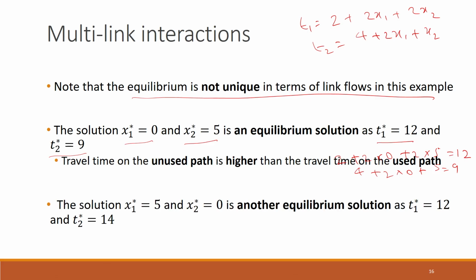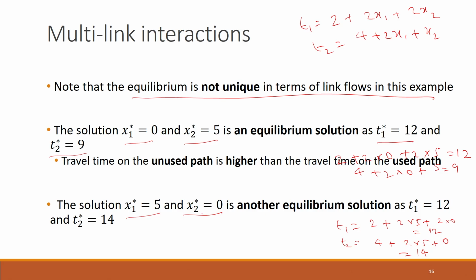Another equilibrium solution here is that suppose all the flow takes place through the first link and there is zero flow on the second link. Again, it can be shown that this is an equilibrium solution. When you do that, the travel time on the first link is 2 plus 2 times 5 plus 2 times 0, which comes out to be 12, and the travel time on the second link is 4 plus 2 times 5 plus 0, which is equal to 14.